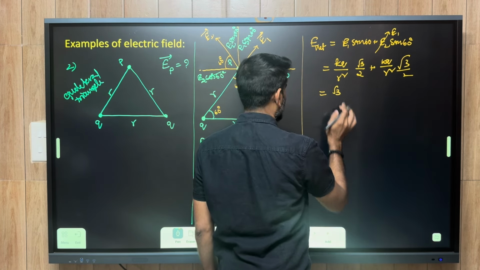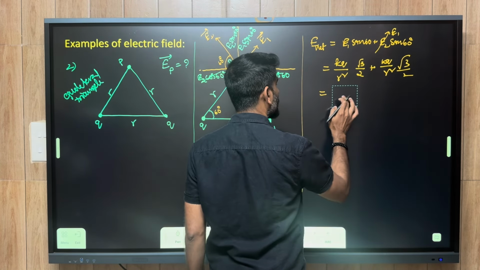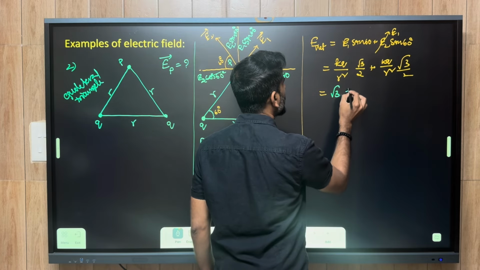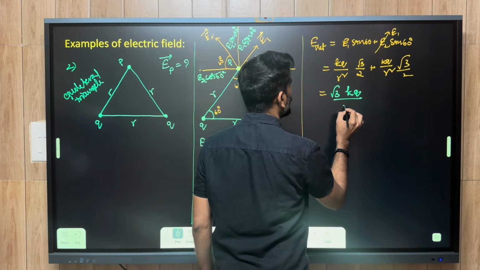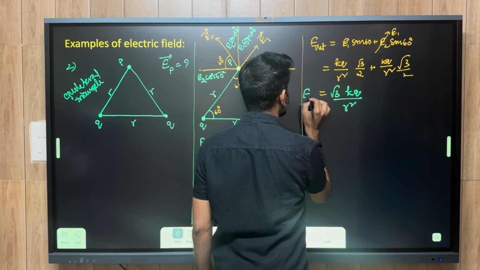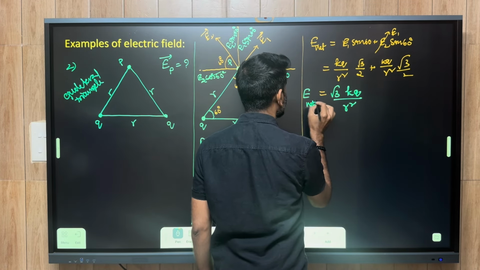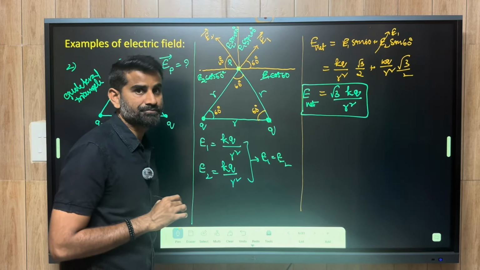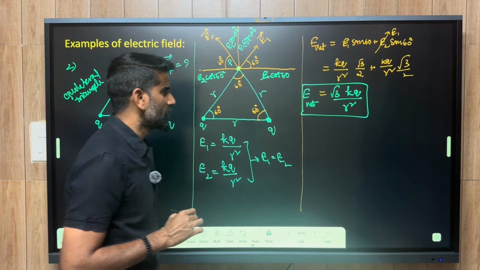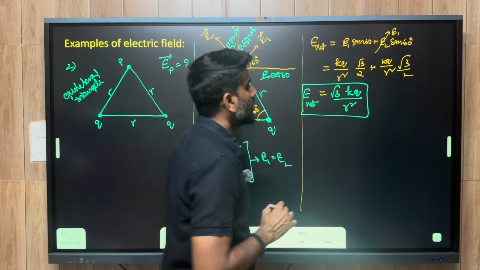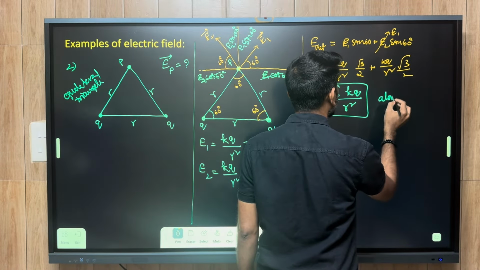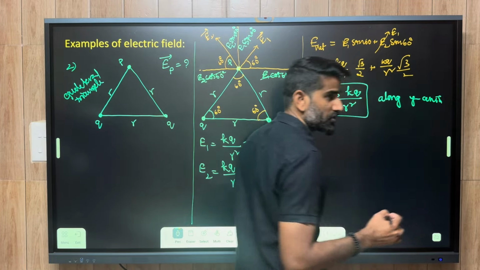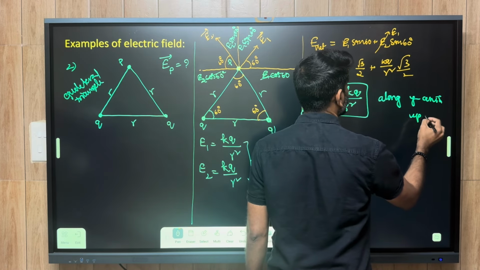Root 3 KQ by R square. So this is the net electric field at the point of interest, at the third vertex. If you want to say the direction, it is along the positive y-axis, which is upwards.